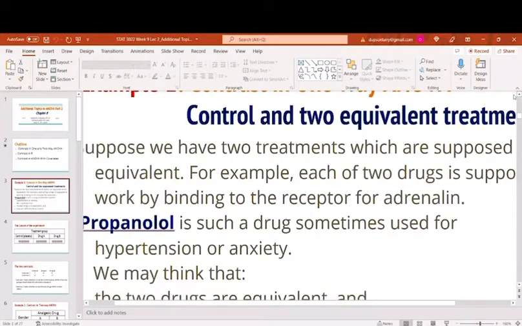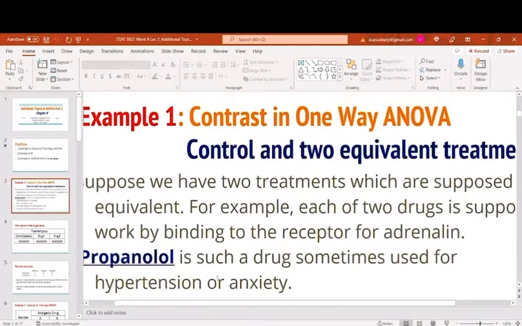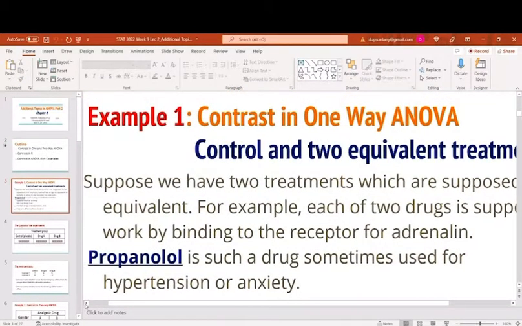Now, the very first thing I want to do today is tell you what we mean by contrast and how it is different from pairwise comparison. This is what happens when we are trying to compare means in more than 2 groups.